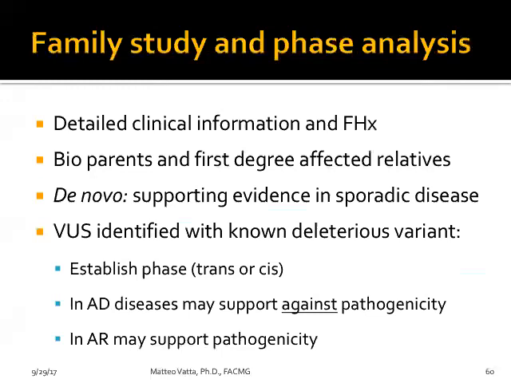Also, if you have 2 changes in an autosomal recessive disorder, you need to know the phase those changes are coming from. If they are in cis, well, then you have a problem. If they are in trans, then you have a suggestion that those 2 variants may have a bearing on the clinical phenotype.